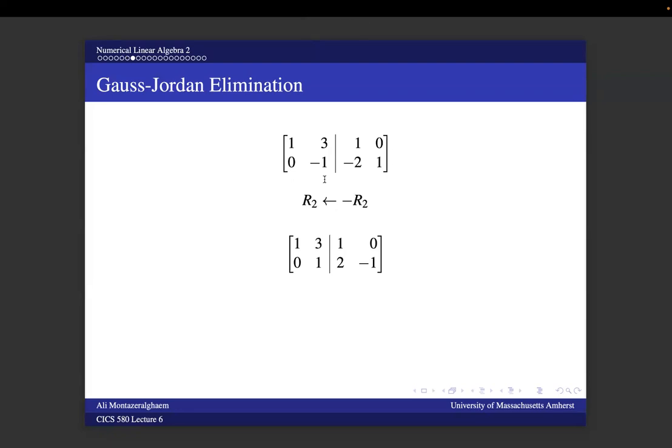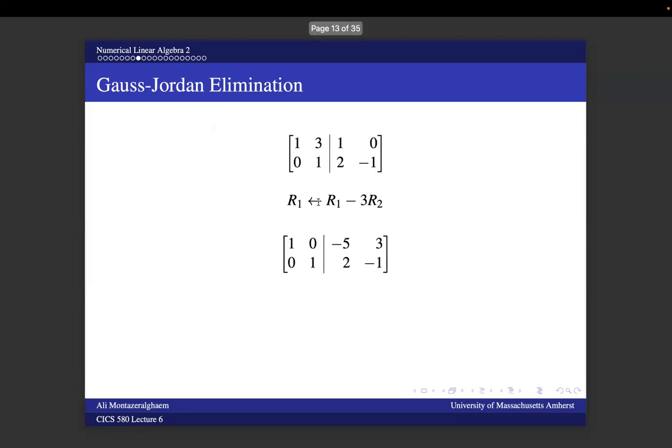In the next step, for example, we can take the minus second row, which is 0, 1, 2, and 1, and replace R2 with that.